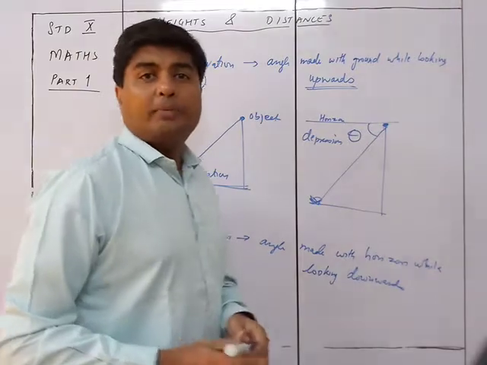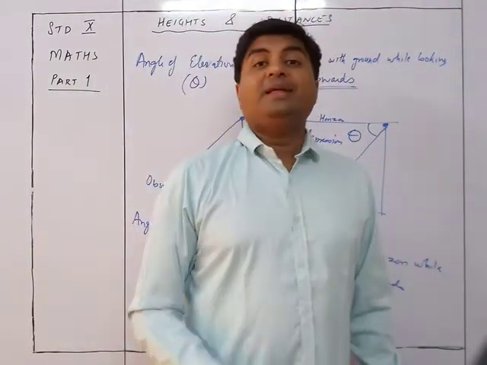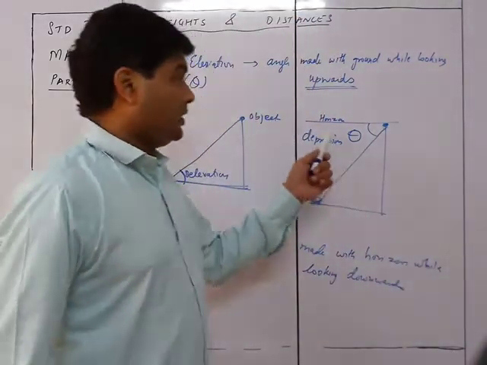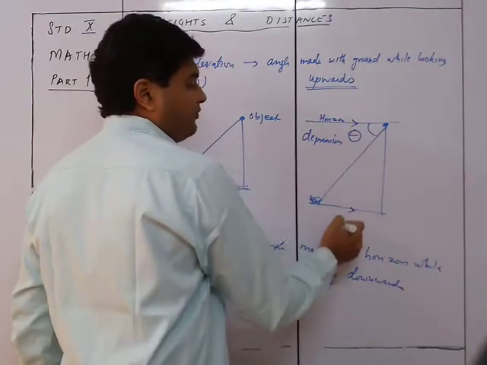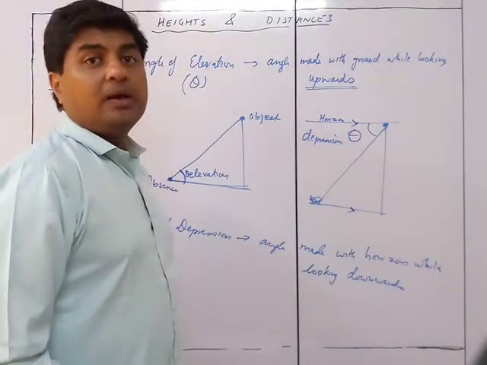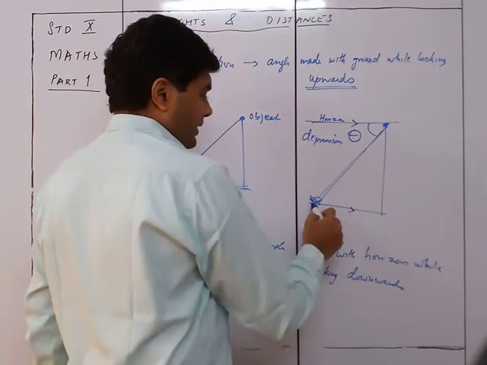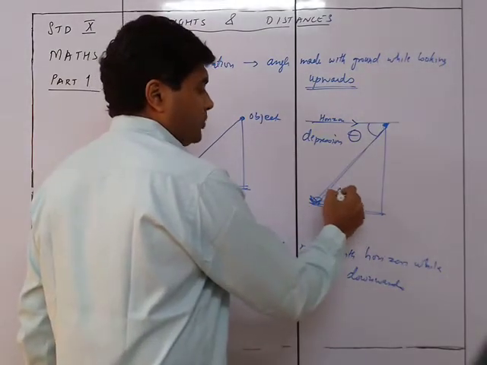So whenever the observer is at a particular height and he looks down at something, he makes an angle of depression with the horizon. And you know that the horizon and the ground will always be parallel to each other. Accordingly, by alternate interior angles, this angle will also be the same.